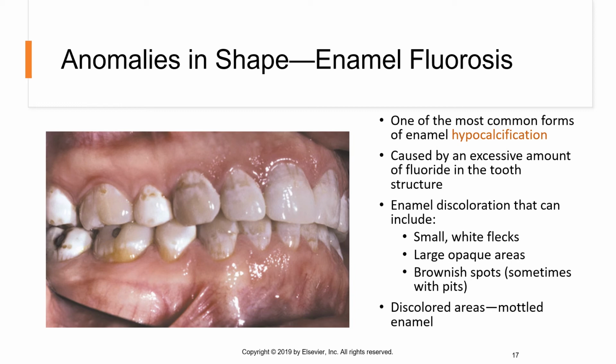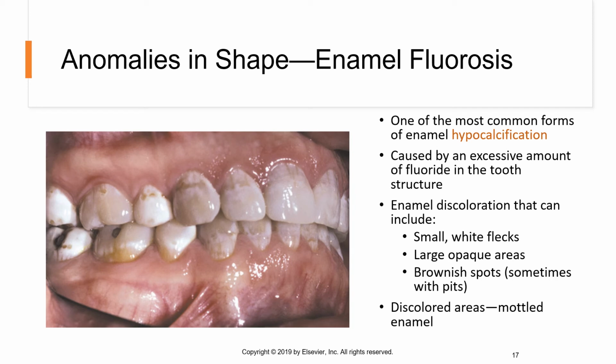Now, of these people, the ones that didn't have quite as much, or maybe didn't drink as much water, their teeth were actually stronger, more resistant. But too much of a good thing is bad. That's this. Too much fluoride is bad.